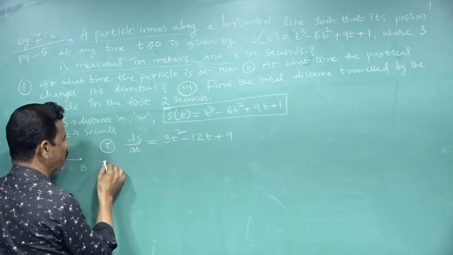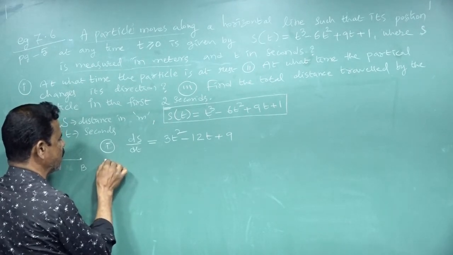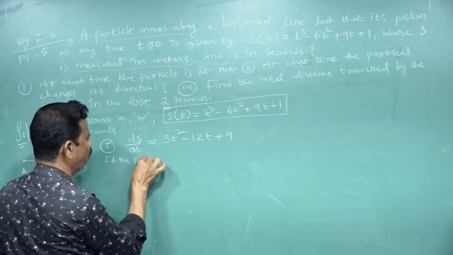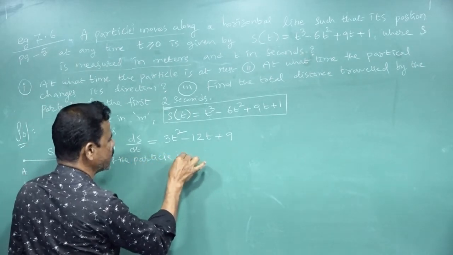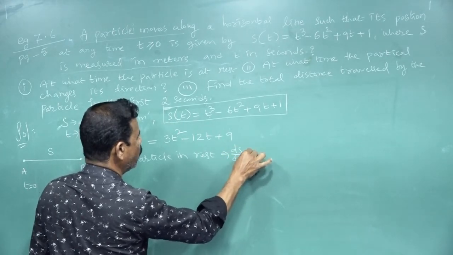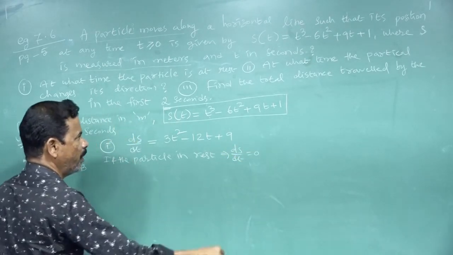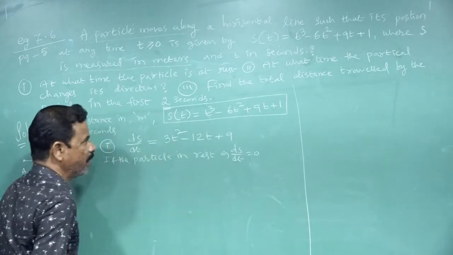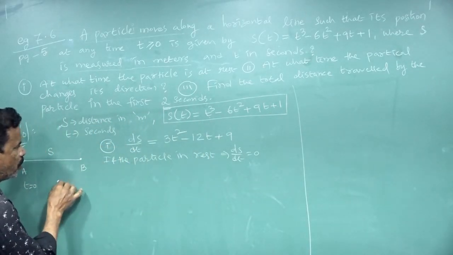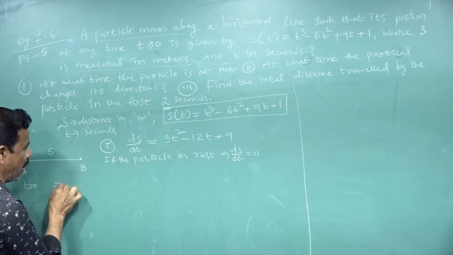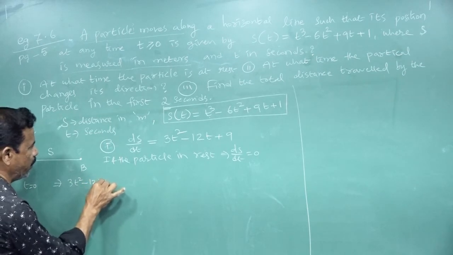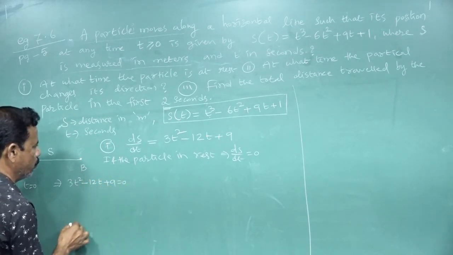After that, the particle is at rest. If the particle is at rest, then ds by dt is equal to 0. Then we calculate that ds by dt is equal to 0. This implies 3t square minus 12t plus 9 is equal to 0.